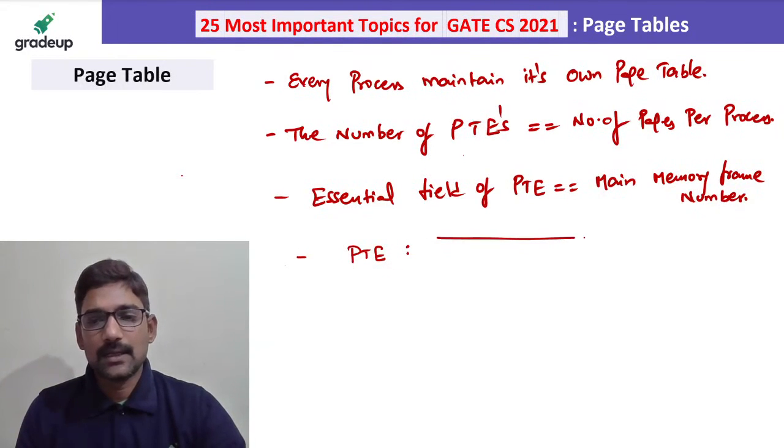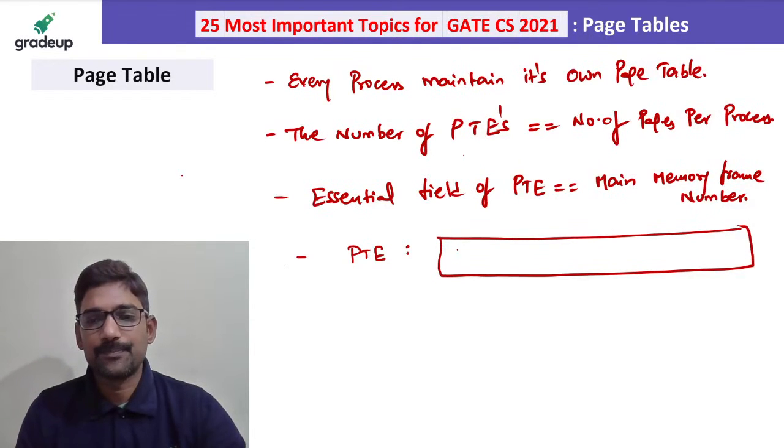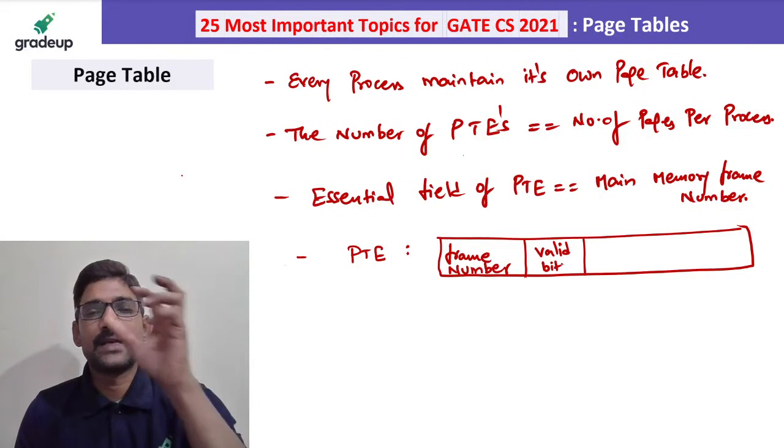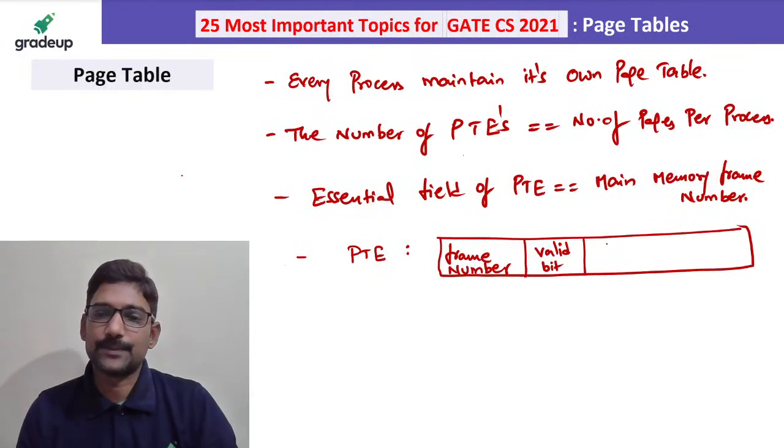Yes. The page table entry may have multiple other fields, like frame number is mandatory. In addition to this, there may be one bit called valid bit. It says whether this page exists in main memory or not.